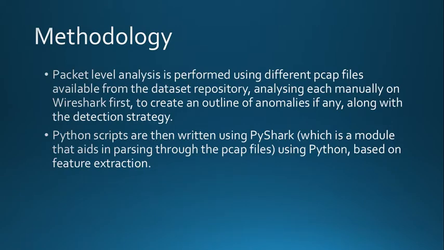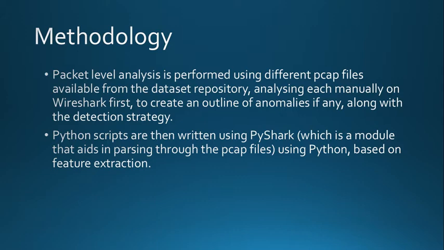So the project methodology is such that I've aimed to perform packet level analysis of PCAP files that I've captured from different online sources that I'll be talking about later through the presentation. I've analyzed each of the PCAP files and the packets manually first on Wireshark to create an outline of anomalies.